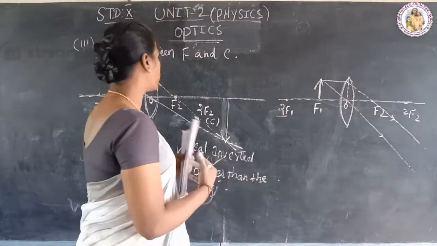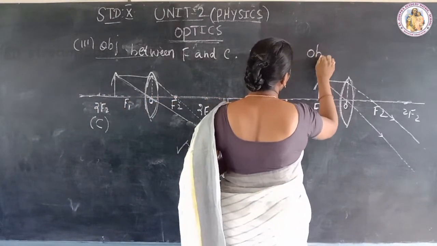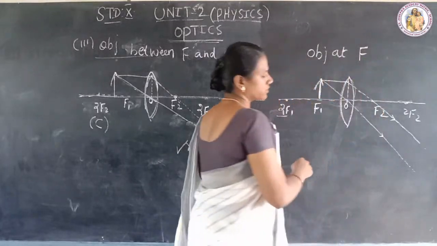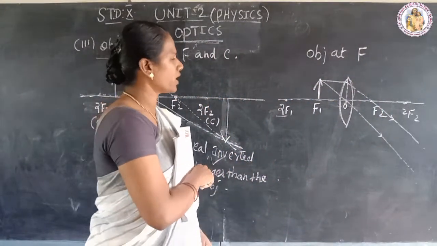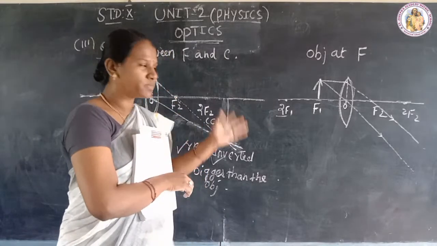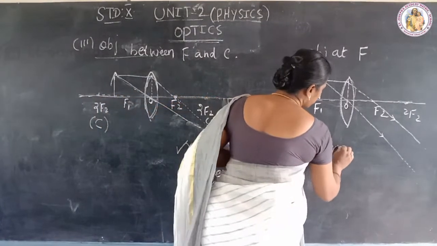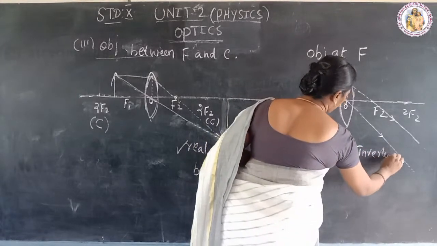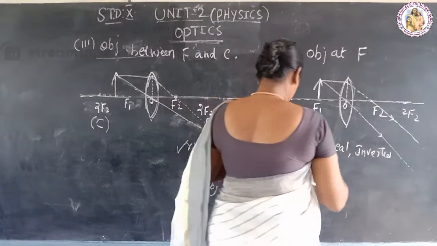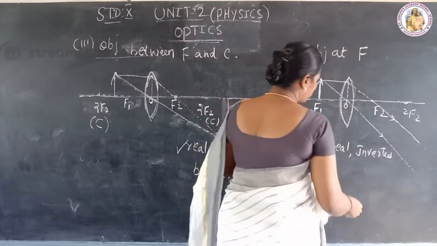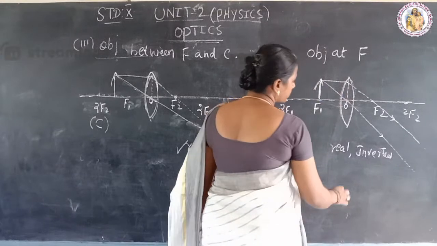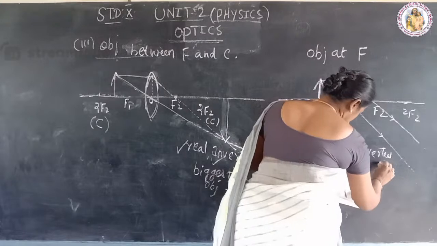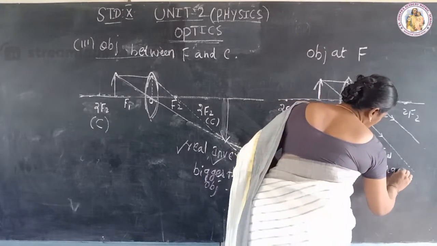If we keep the object at F, the principal focus, the image formed is much bigger. Here also it's a real, inverted image, and the size of the image is much larger.